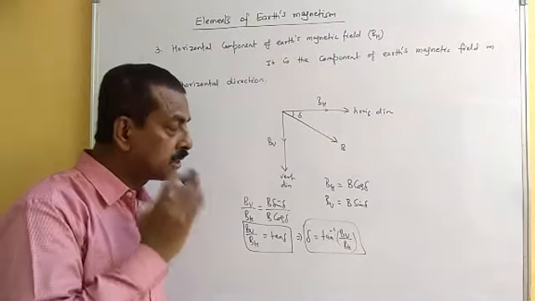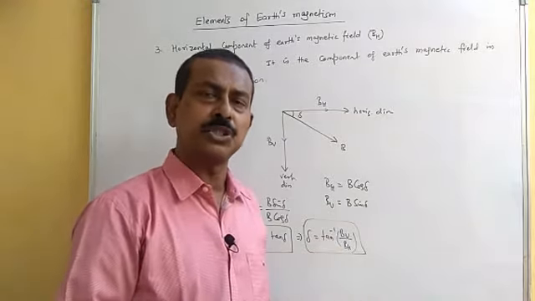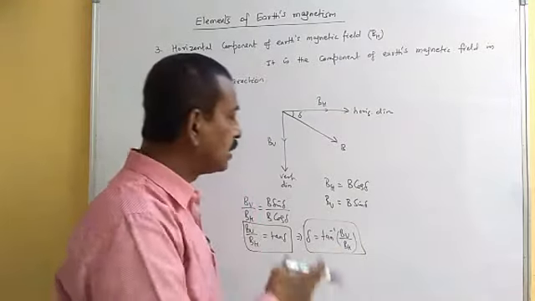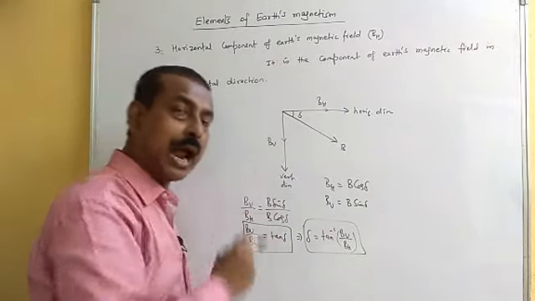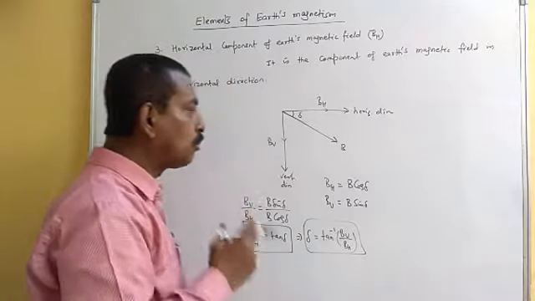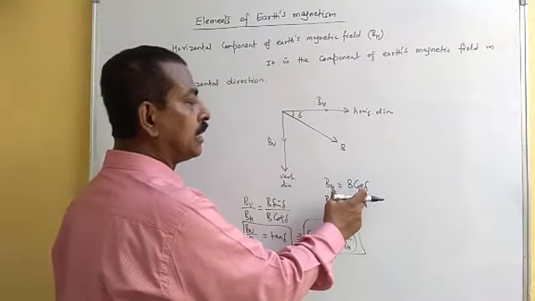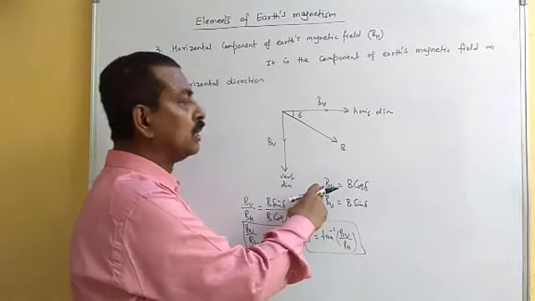Now, some important conclusions we can draw from this. If you consider the poles, at the pole the angle of dip is 90. So at the pole, if you put delta there, you will get the horizontal component as 0.